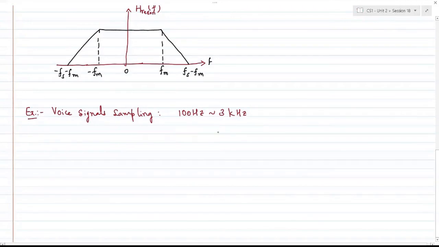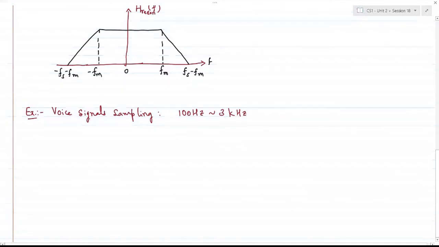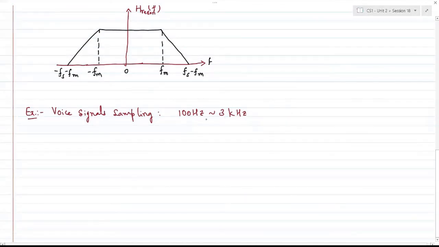This limited frequency band is accomplished by passing the voice signal through a low pass filter, an anti-aliasing filter first, with its cutoff frequency at 3.1 kilohertz. So first we will send all the voice signals through an anti-aliasing filter.